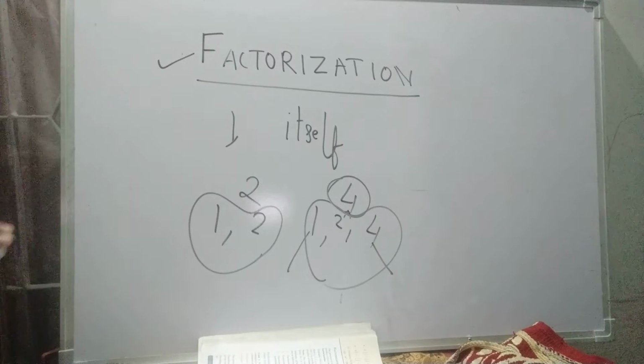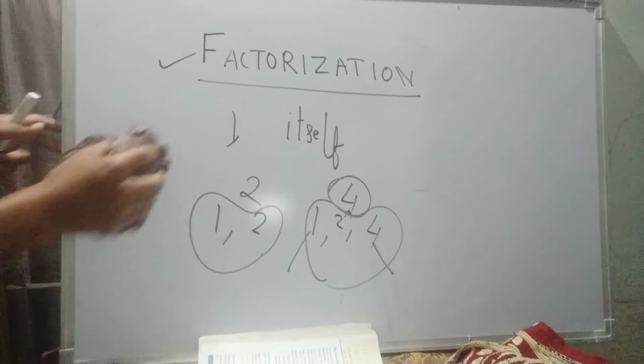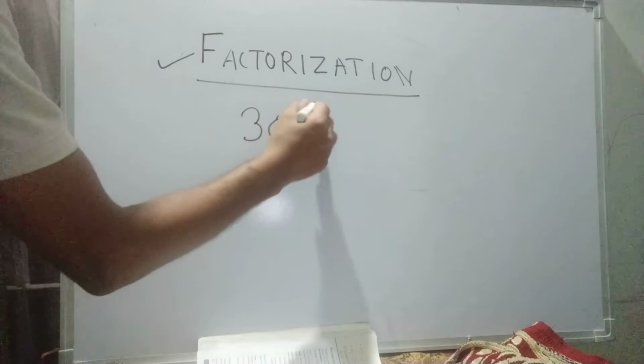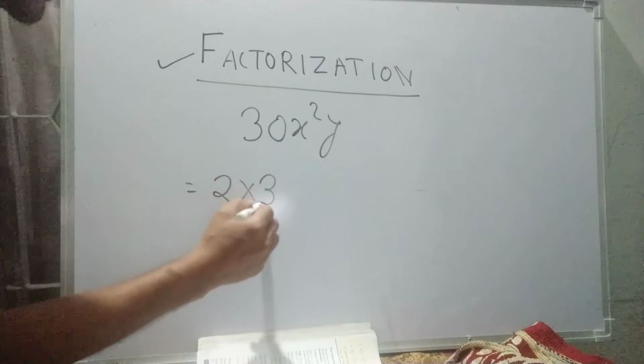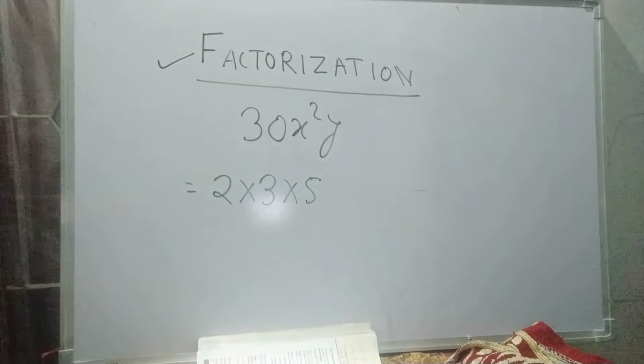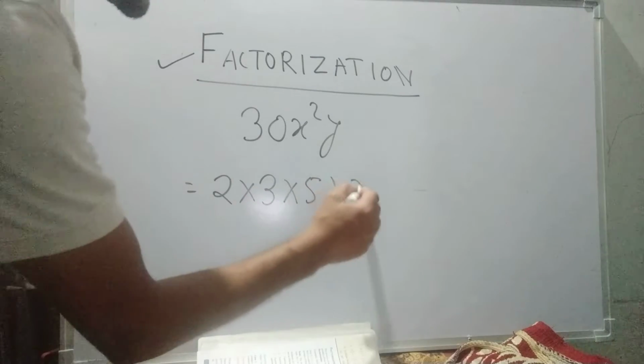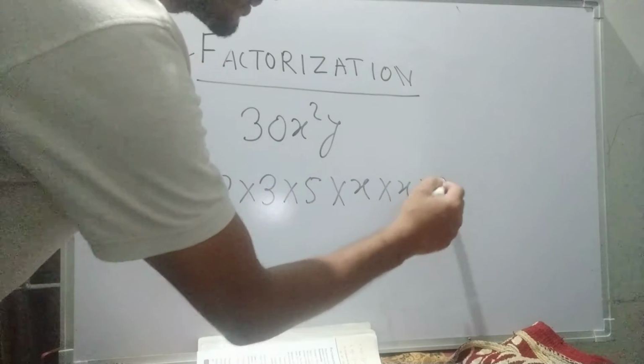So with the help of this concept, now we move towards a particular algebraic expression. Look here. If I have 30x square y, then I can write 30 as 2 multiplied by 3 multiplied by 5, and I can write x multiplied by x multiplied by y.